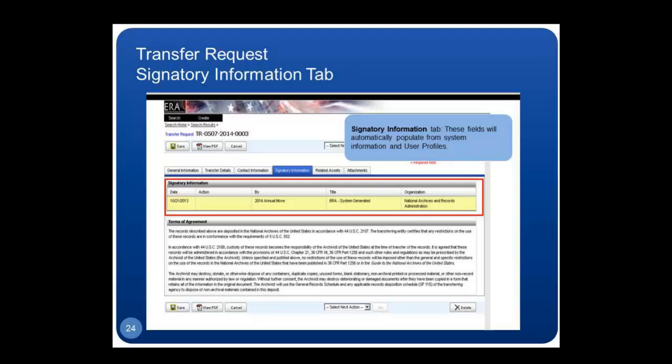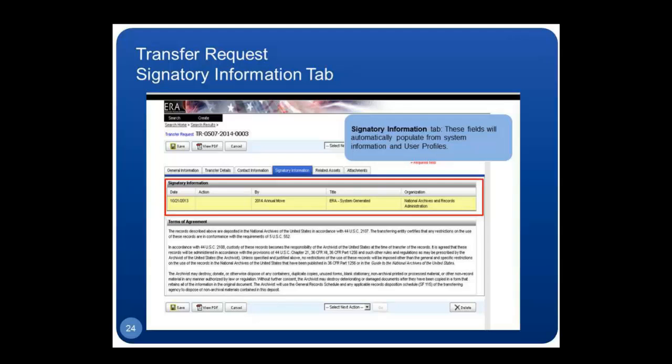Each action taken on it, other than just saving drafts, you don't want that to pop up as a signatory because that's not a signatory action. Each signatory action is listed: the transferring official submitting this to the agency approving official, again, even if that's the same person; the agency approving official proposing it to the National Archives; the National Archives archival staff approving the transfer or rejecting the transfer, as happens occasionally if there's stuff that needs to be corrected.